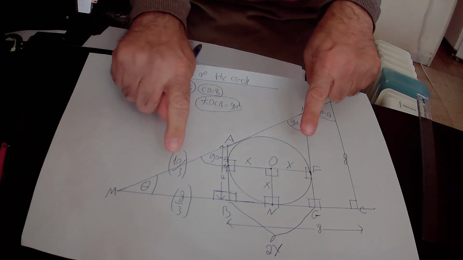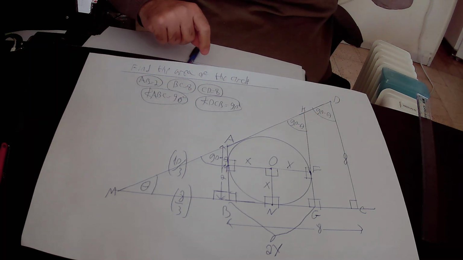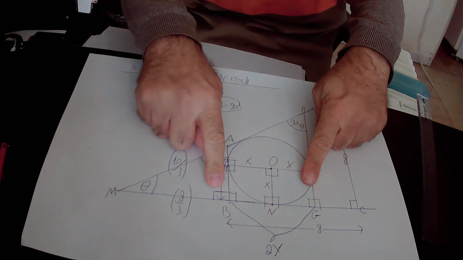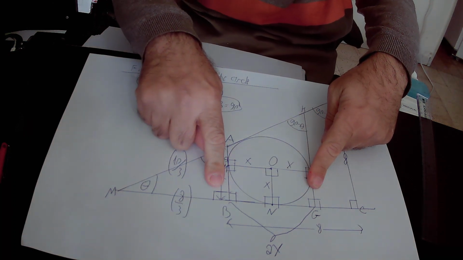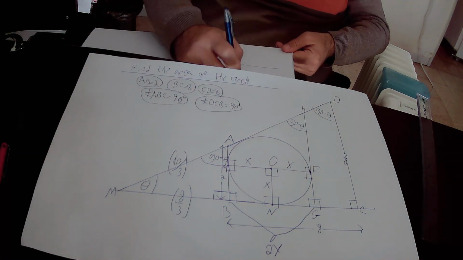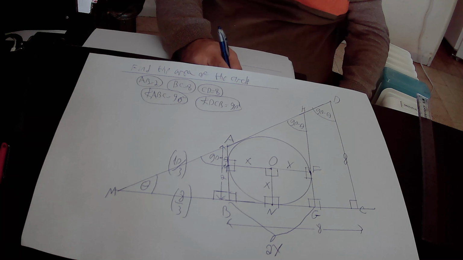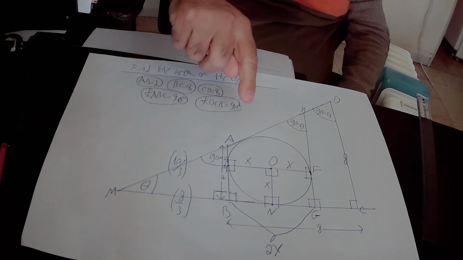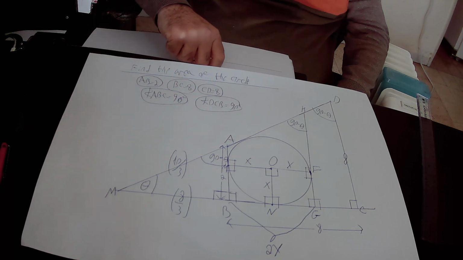So why are those two right triangles similar to each other? First of all, those two angles are both equal to 90 degrees, therefore they are equal to each other. So angle KGM in the big triangle equals angle ABM in the small triangle.